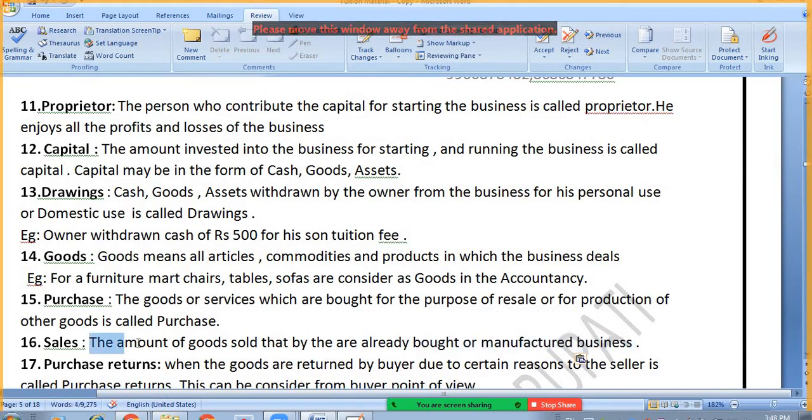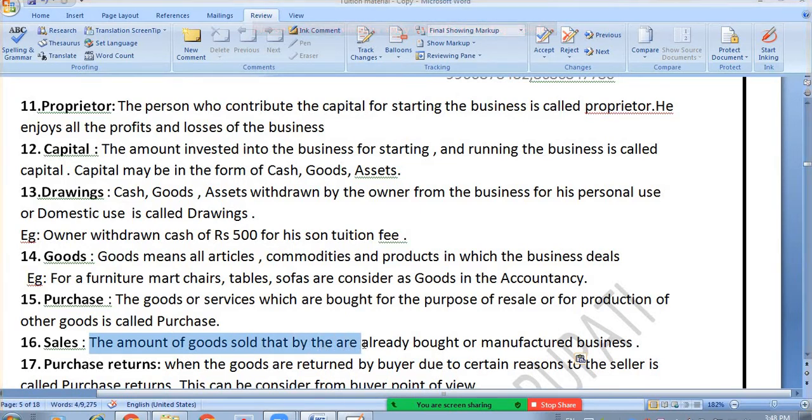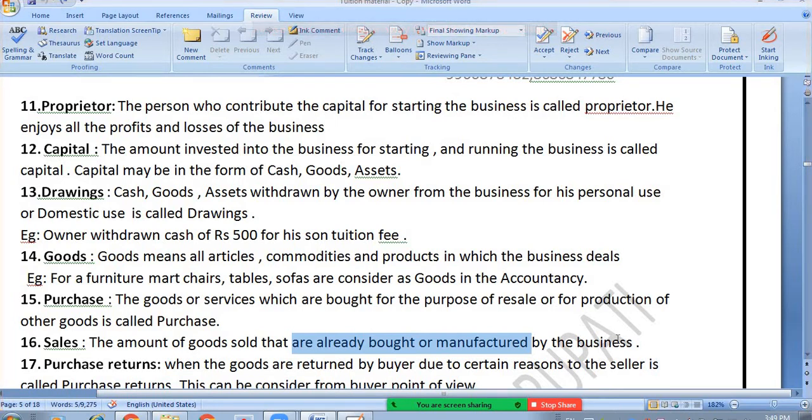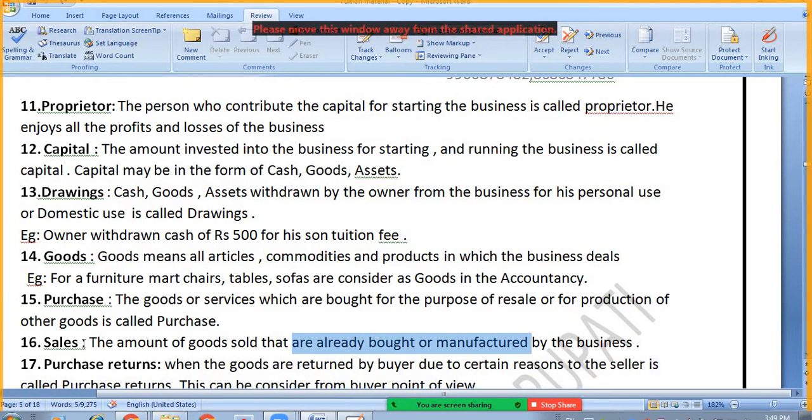Whatever goods are purchased or manufactured, and the same products, goods or services, whatever it may be, which are sold to other persons by the business, this activity can be considered as sales.